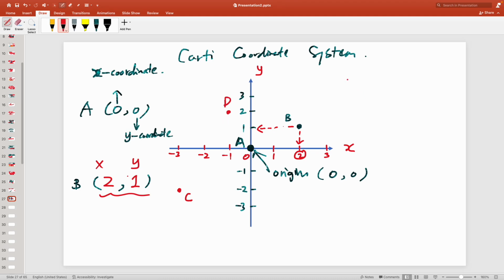Okay, can you represent C and D? So you go where first? You go to the x-axis first. Always. So how do you go? Up or down?